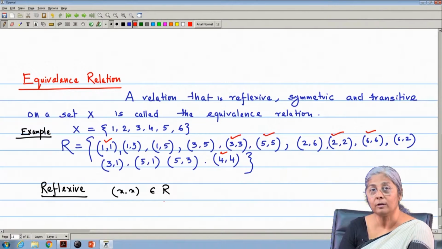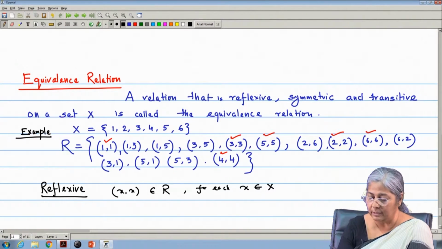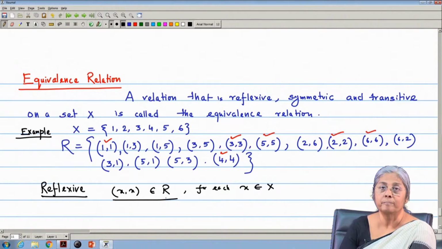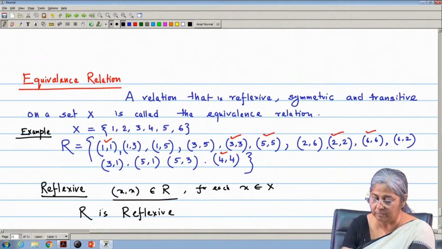So, for each x belongs to X, (x,x) belongs to R. So R is reflexive.